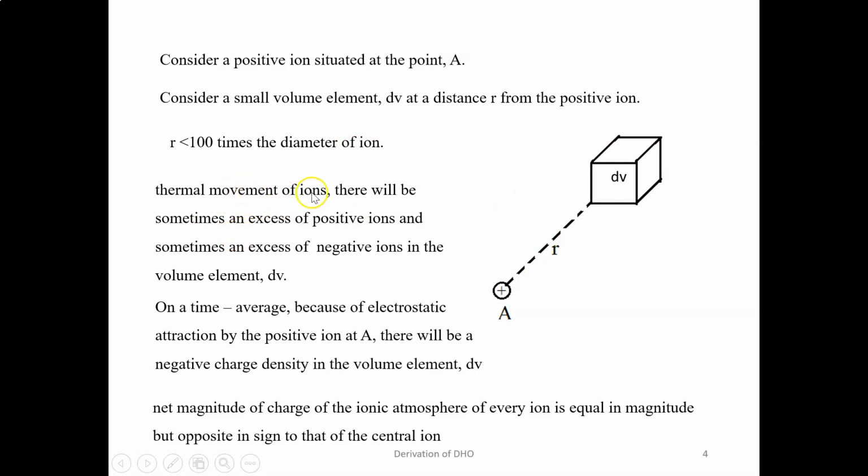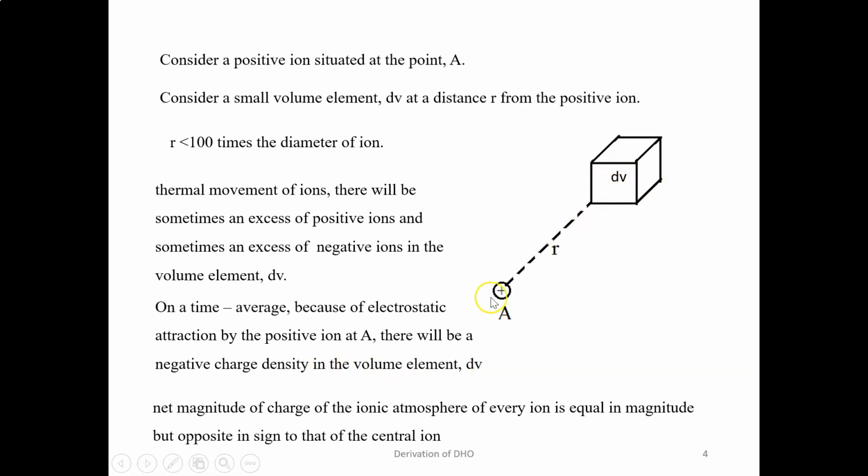Due to the thermal motion of ions, there will sometimes be an excess of positive ions and sometimes an excess of negative ions in the volume element dV. But on time average, because of electrostatic attraction by the positive ion at A, there will be an increased negative charge density in the volume element dV.